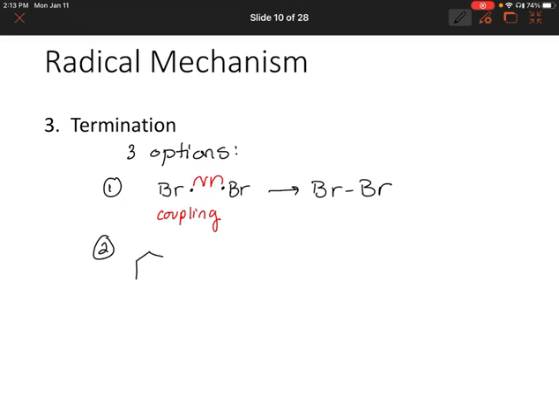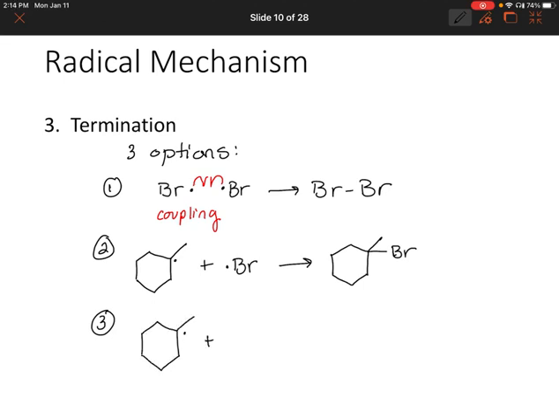2, we could show our alkyl halide product. And 3, we could potentially have our 2 carbon radicals join up.